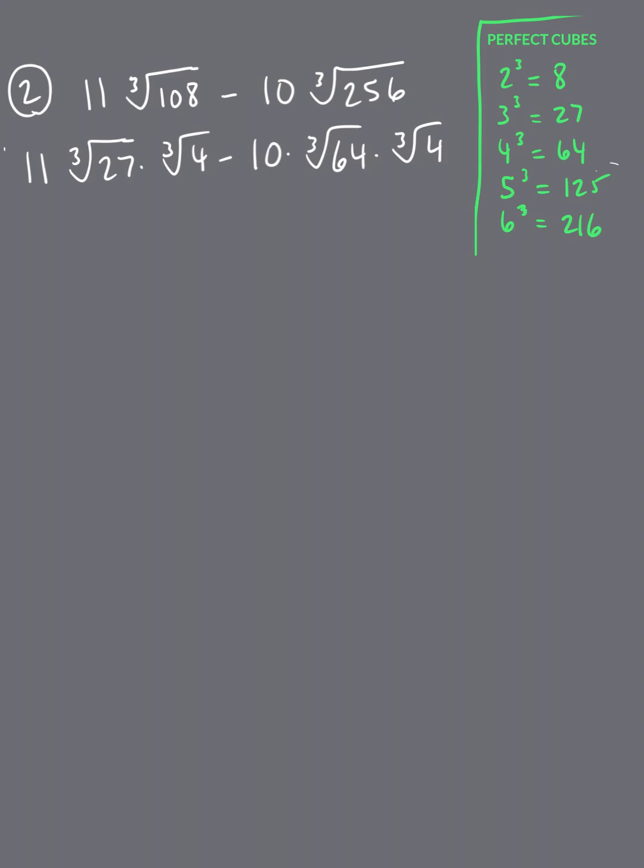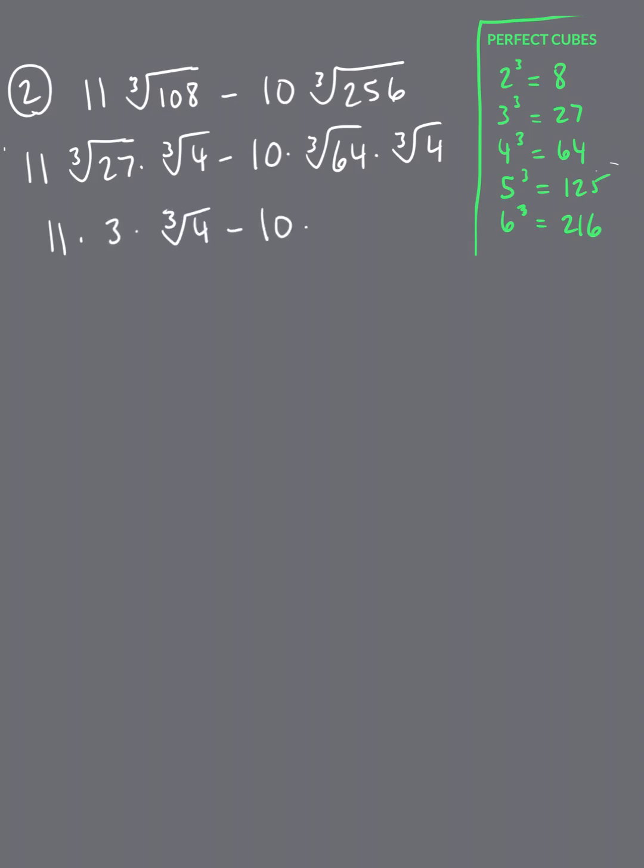So again, you know that you're on the right track with these because if you know that you can simplify this, and then you have the cube root of 4 here, cube root of 4 here, then you know you're on the right track. So the cube root of 27 is 3.